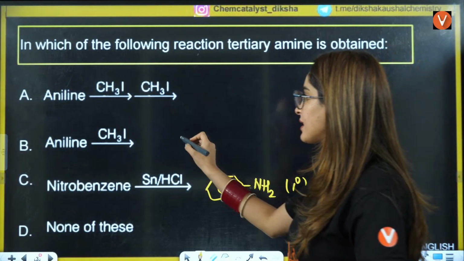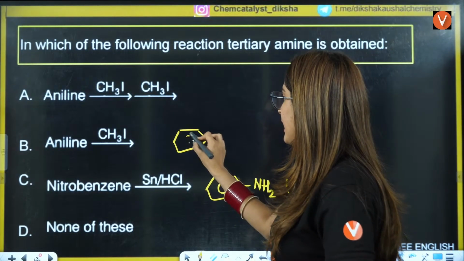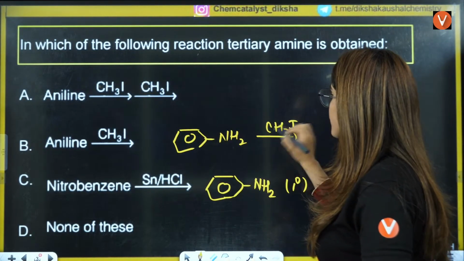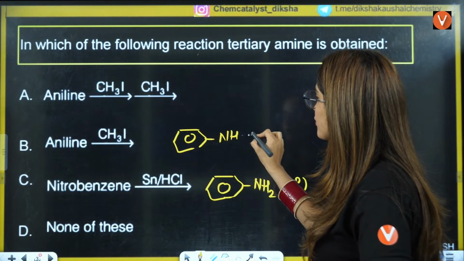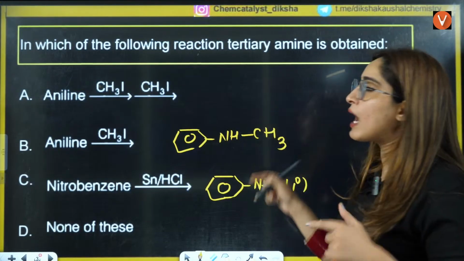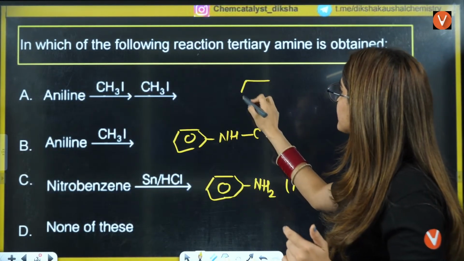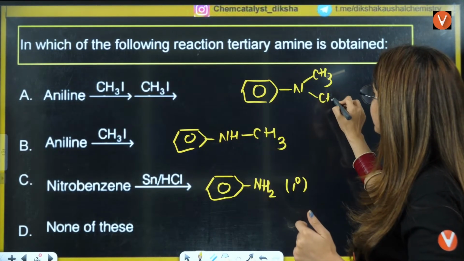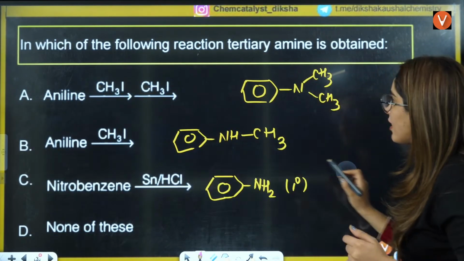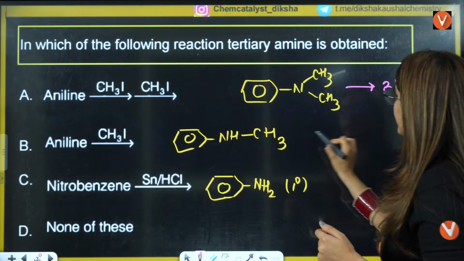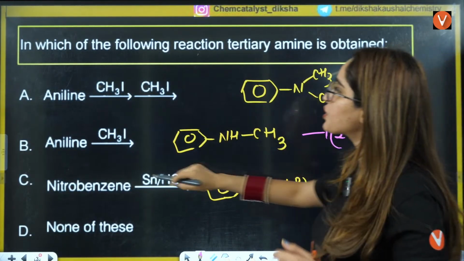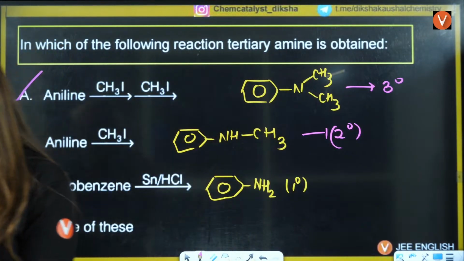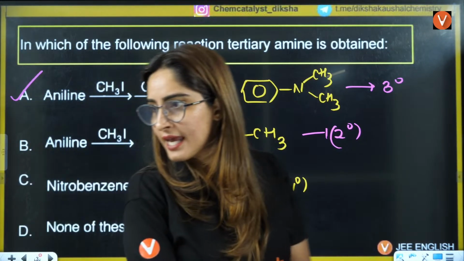In aniline, if you add CH3I, it is going to replace one hydrogen with CH3, and if you add CH3I two times, two hydrogens will be replaced by CH3. That means in the first you will have the formation of a 3 degree amine, this is 3 degree, this is 2 degree. So A is the correct answer here.